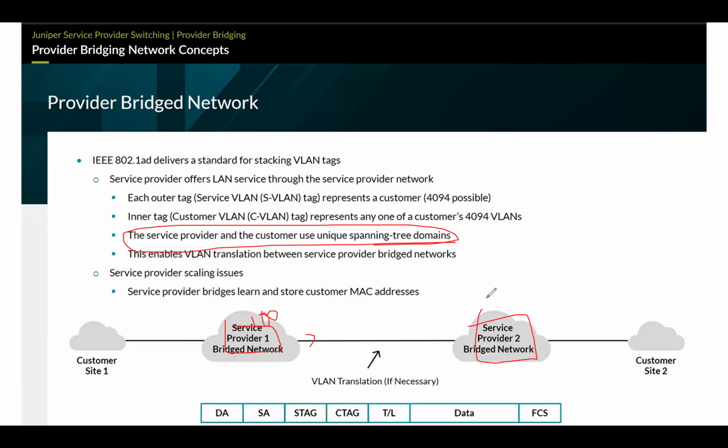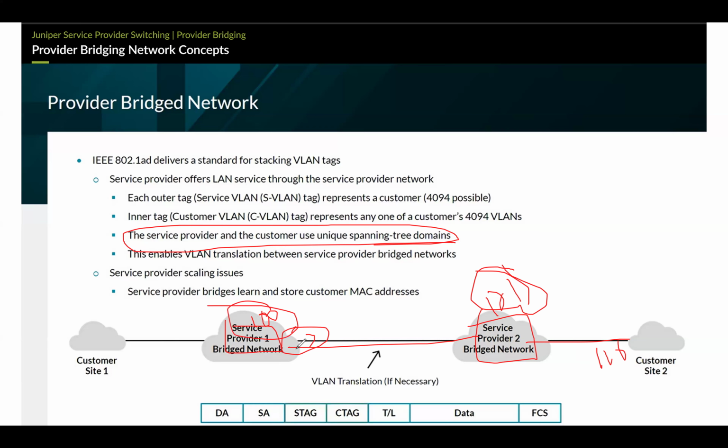Service provider 2 uses VLAN 101. If a request is coming from 100, it is taken and converted to 101. If 101 is received, this router rewrites 101 to 100.